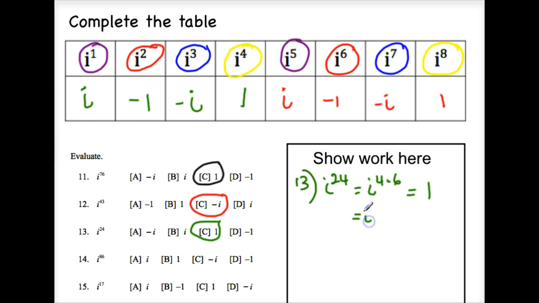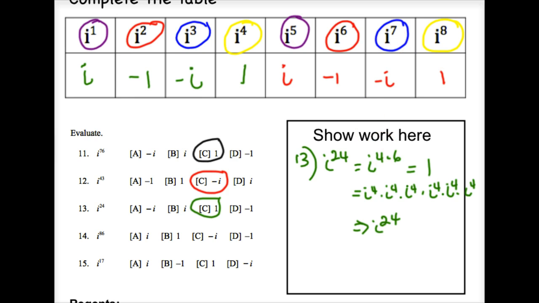This is the same as me writing i to the 4th times i to the 4th times i to the 4th times i to the 4th times i to the 4th times i to the 4th. 1, 2, 3, 4, 5, 6 times. If I was to remember the rule, you add the exponents. This will give me i to the 24th. And anything that's a multiple of 4, it's automatically a 1.